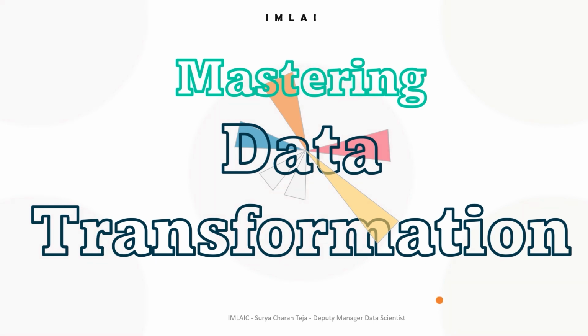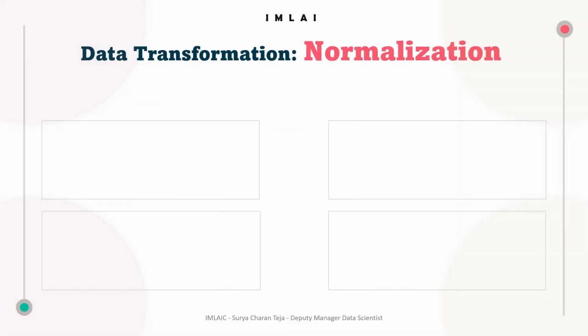Now it's time to get into the first technique of data transformation, which is data normalization. Data normalization is the process of scaling data to a common scale or range in order to remove differences in the magnitude or units of the data.